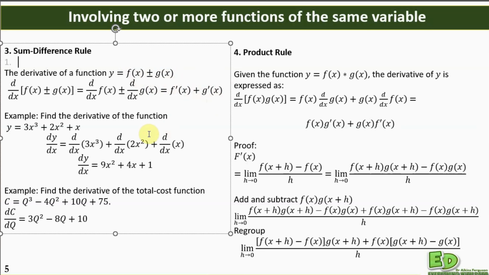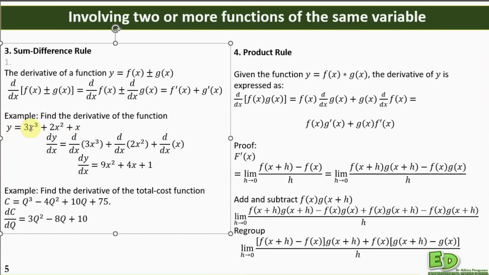So let's look at this typical example, or a practical example under the sum or difference rule. We have an example which is saying find the derivative or the differential of the function y equals 3x cubed plus 2x squared plus x. Well, we see that we have y over here, so definitely if we are differentiating, we would say dy over dx, right, which is already here.